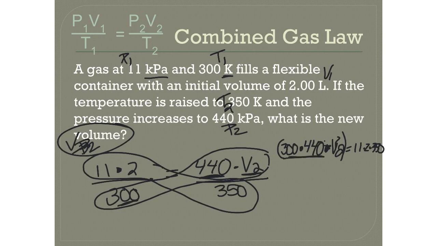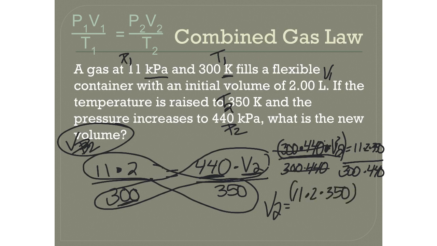Just like before, we're going to divide both sides by 300 times 440. These are going to cancel out. So V2, and I'm just going to rewrite this so you can see it a little better, is 11 times 2 times 350 divided by 300 times 440.